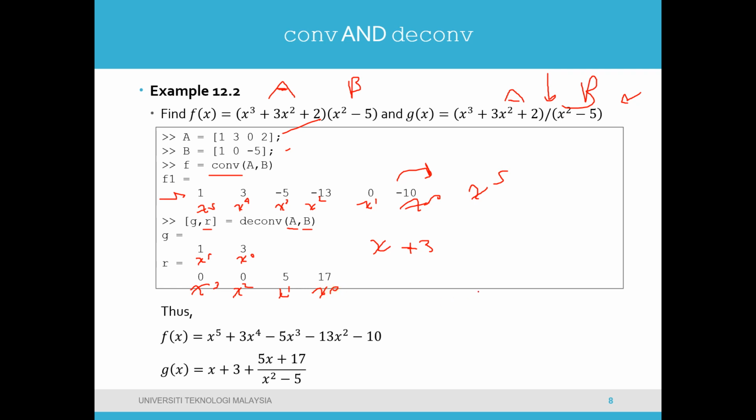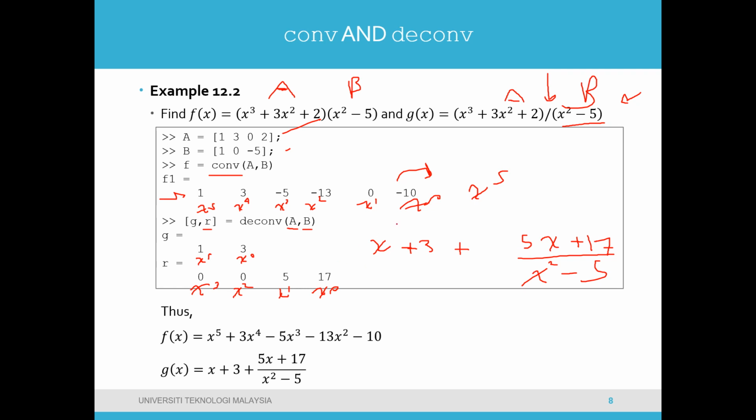You just copy this and put plus. The zeros, no need to write. So 5x plus 17. Then you look at the divider: this remainder is the numerator, and you divide by x squared minus 5. That's how you write it back.